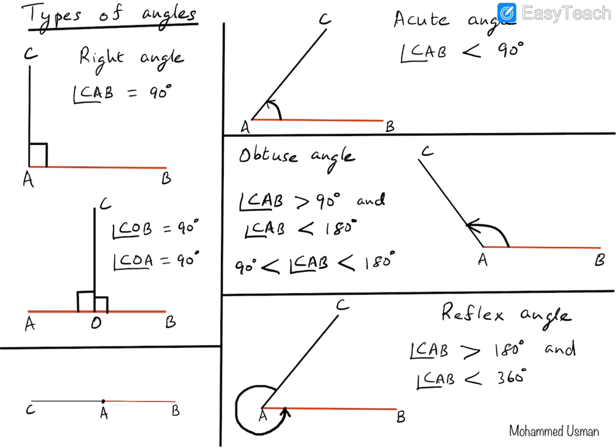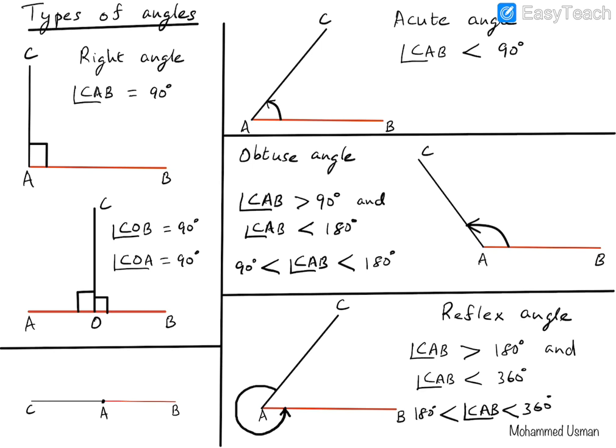So we can write that combinedly as angle CAB to lie between 180 degrees and 360 degrees. Okay, so we have seen the different types of angles so far here: right angle, acute angle, obtuse angle, and reflex angle.